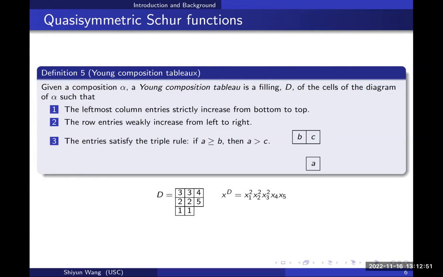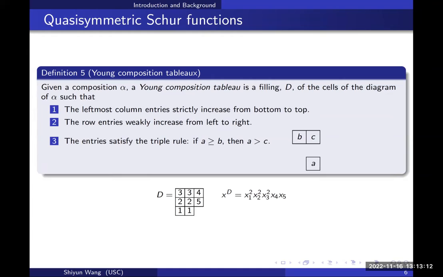The second is the semistandard Young tableau. Also, we require a triple rule such that if you have a shape of entries in this way, then if A is greater than or equal to B, then A is greater than C. So we have to make these three requirements satisfied in the tableau.